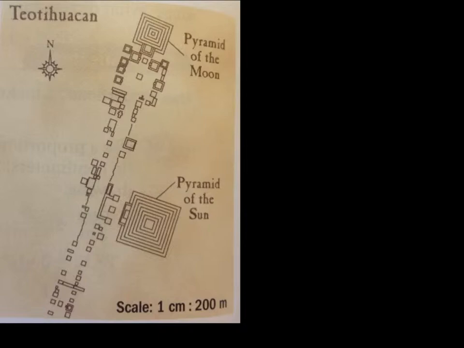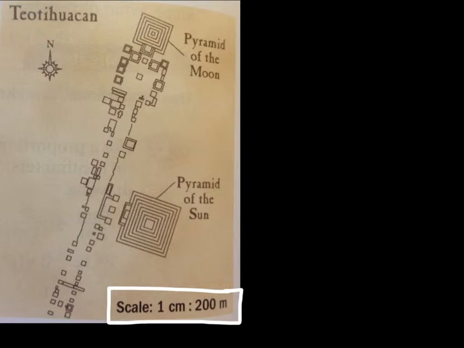The scale of a scale drawing or scale model gives the relationship between the drawing or the model's dimensions and the actual dimensions of the object that is represented. For example, in this map shown here, the scale 1 centimeter to 200 meters means that 1 centimeter in the scale drawing represents an actual distance of 200 meters at the site.